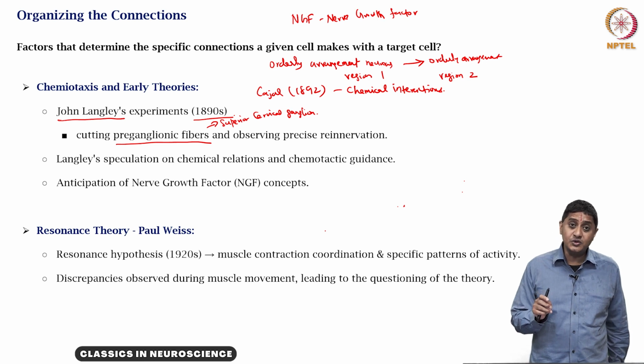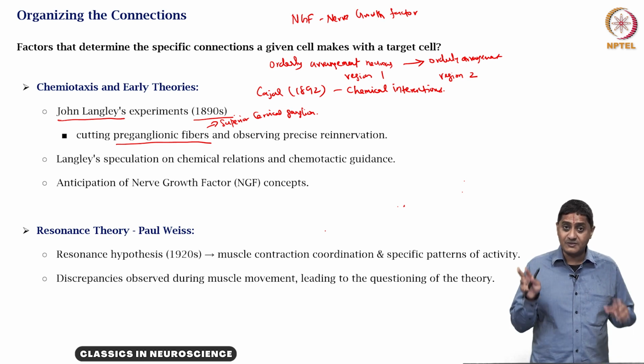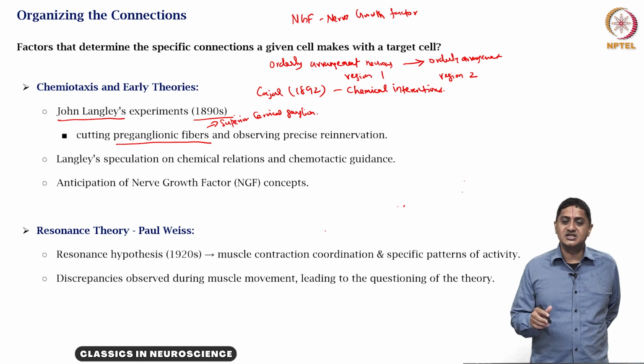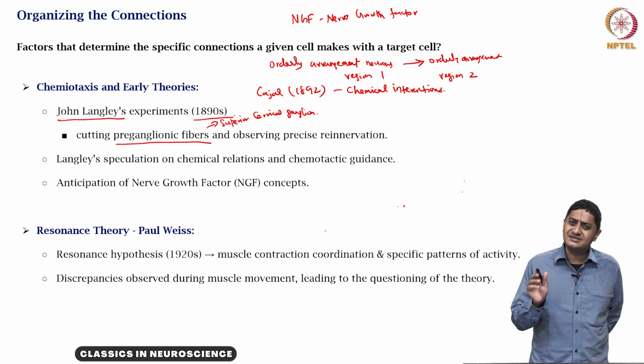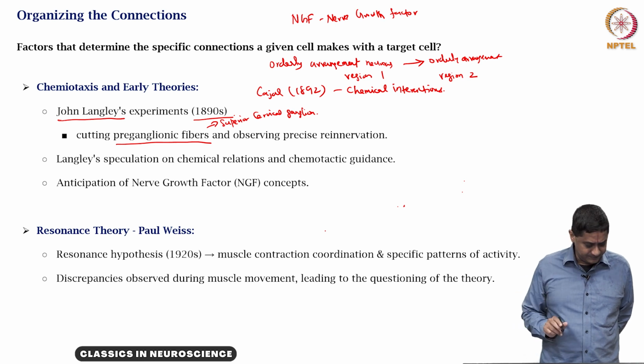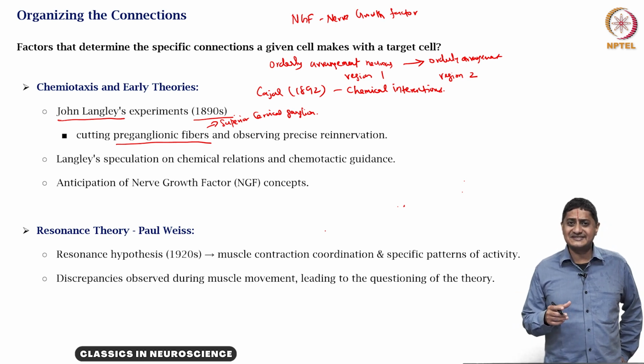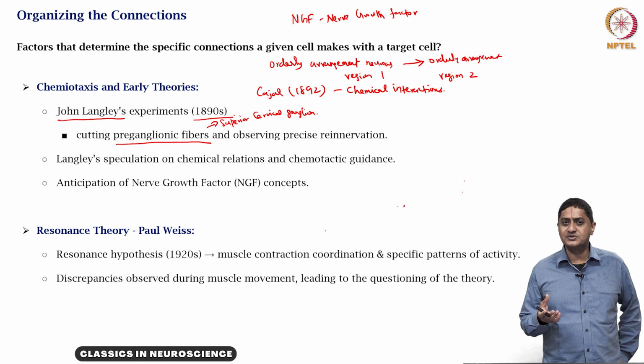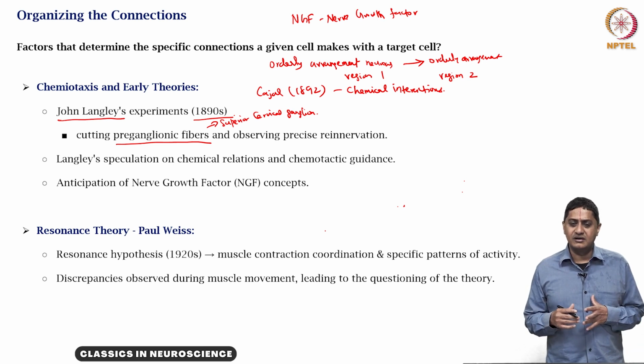So, each neuron knew where the target cell was, somehow it knew where the target cell was and attached to that, or synapsed with that target cell. This is stunning to think that this could happen in this way.